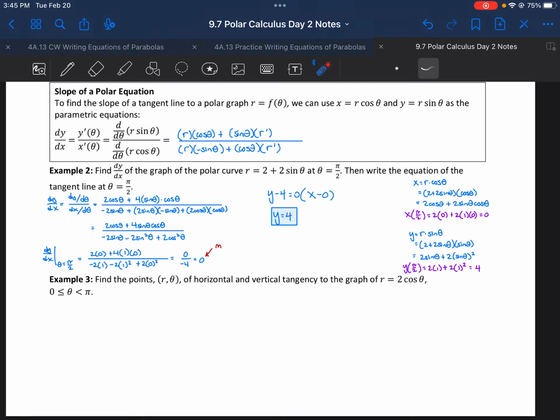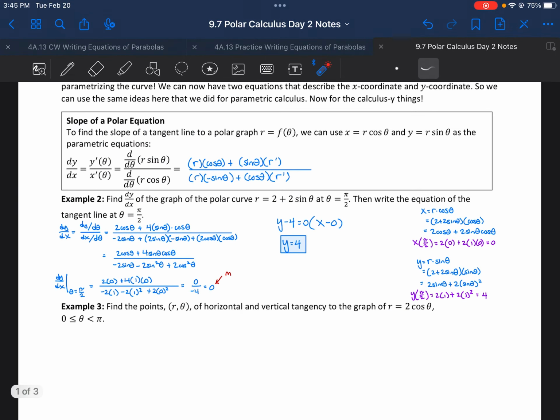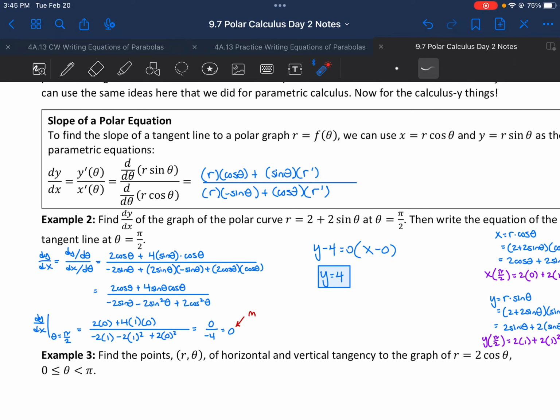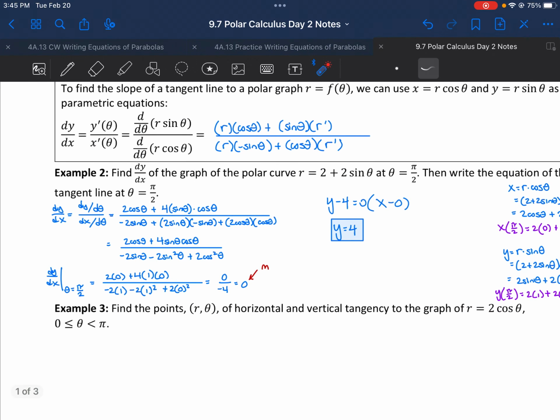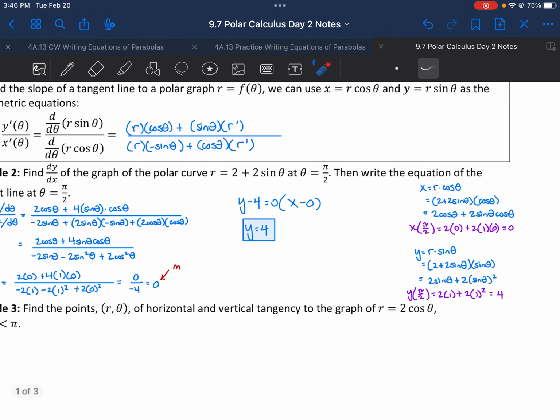Okay. Now, a couple things to notice. We spent some time up here deriving this formula for slope of a polar equation. Notice that what we did in this example is we went ahead and found x and y in terms of theta already. So we didn't really follow this formula because we already had x and y in terms of theta.